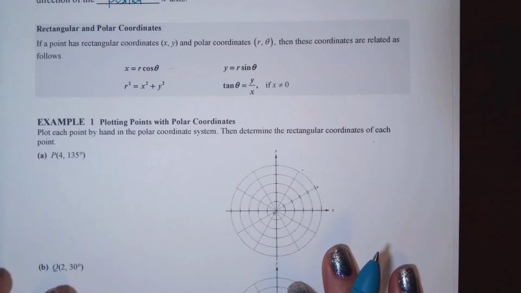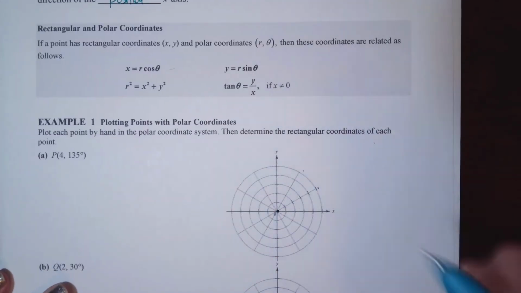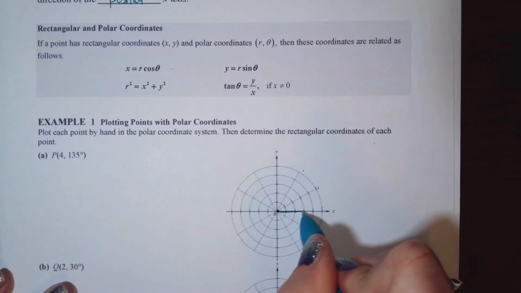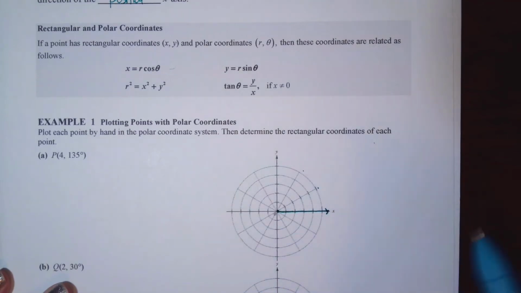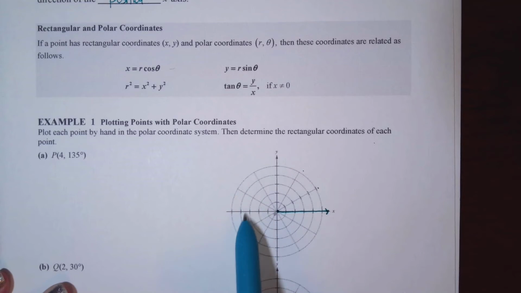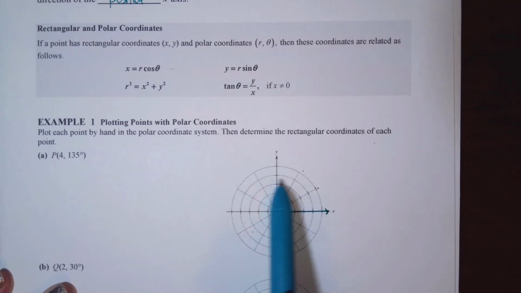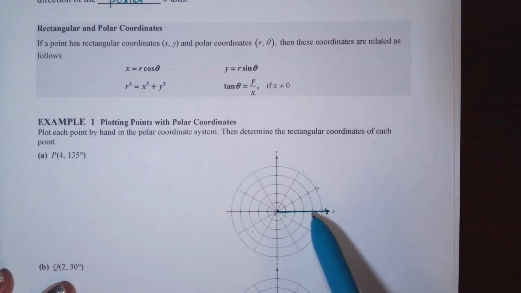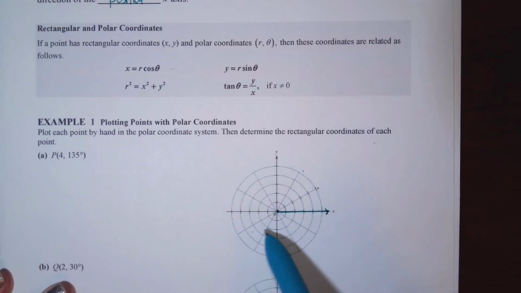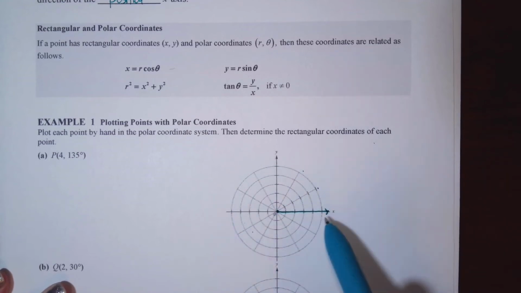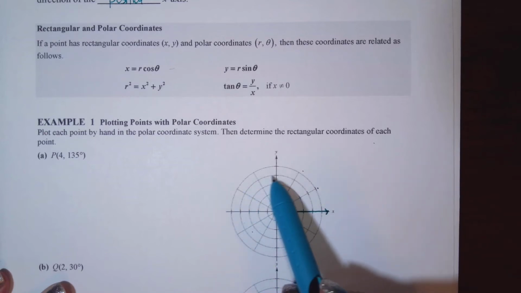So when we look at our polar coordinate system, we've got the pole here, and this is our polar axis, and we are thinking about rotating this polar axis around the pole. If we are moving in a positive direction, we're going counterclockwise, just like we're used to. If we're moving clockwise, that means our angle is rotating in a negative direction.